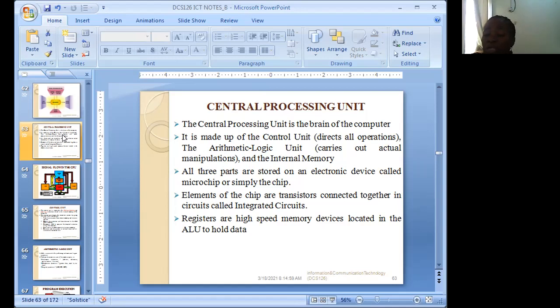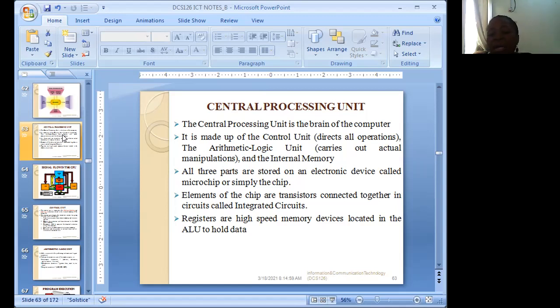Now for the CPU to work effectively, it has two other basic, or I should say technical units. The first one is the control unit, and then the second is the arithmetic logic unit. Then the third one, which is not a technical unit, is the internal memory. You'll understand why I had to differentiate the first two from the last one, the third one.